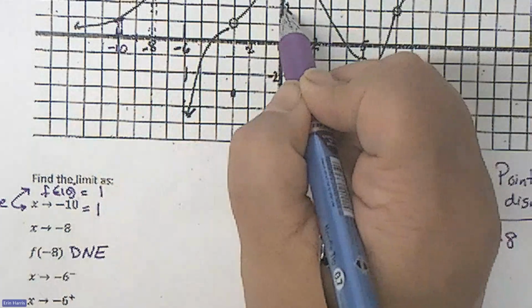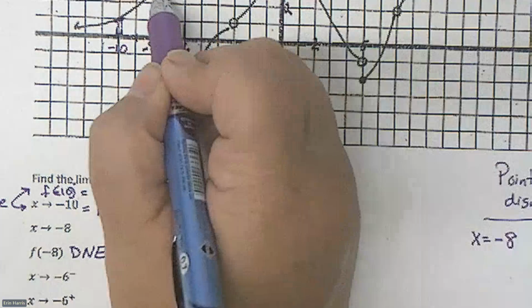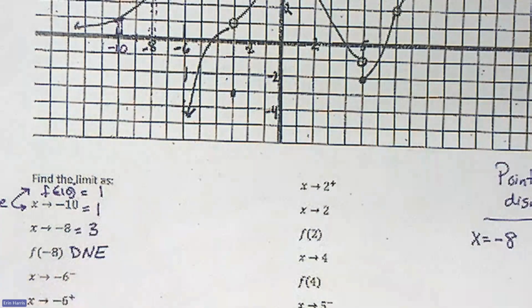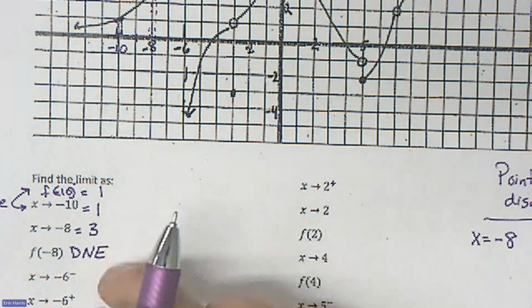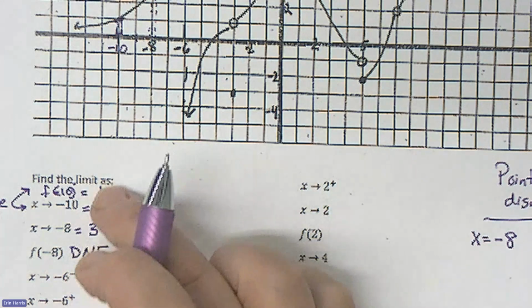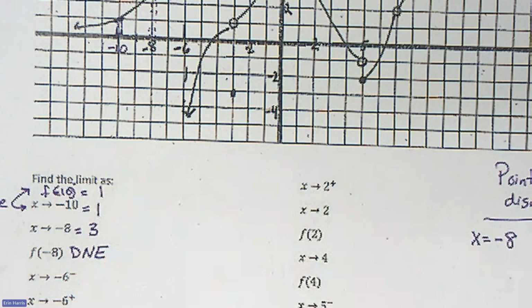All right, so this is 2, so this is 3. Because the arrow means get close to it. It doesn't mean step on it, right? So if I just stand close to it, and I do have to stand close from either side, right? And see the same values. If I don't see the same values on either side, then the limit doesn't exist, okay? So I've got a case here where the functional value doesn't exist, but the limit does. I have a case where both exist and they're the same.